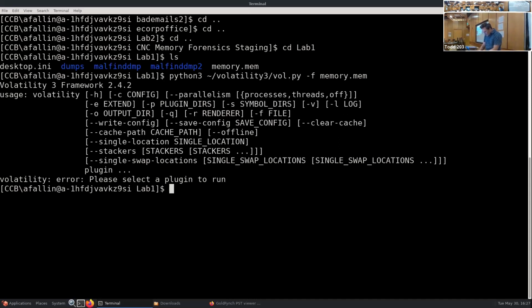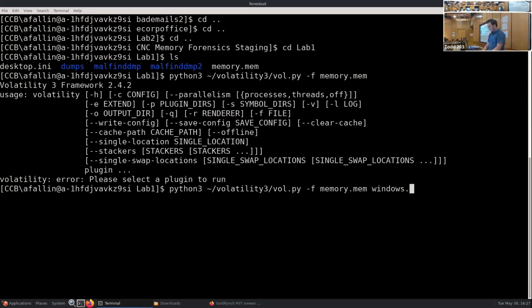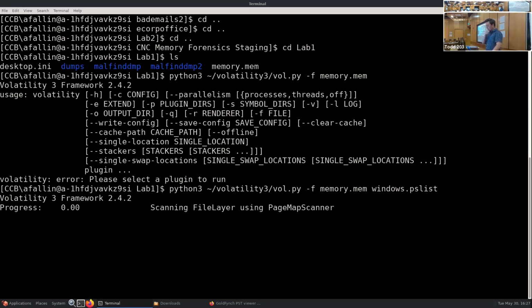Oh, yeah, that's on me. windows.pslist. This will give us all the running processes in memory.mem.